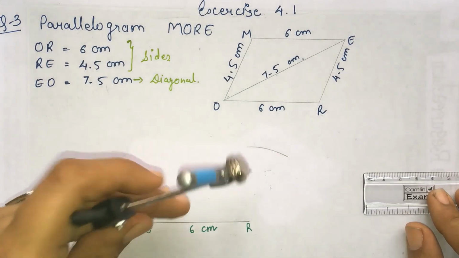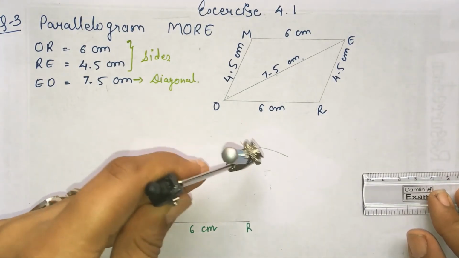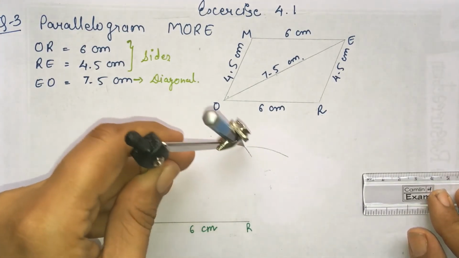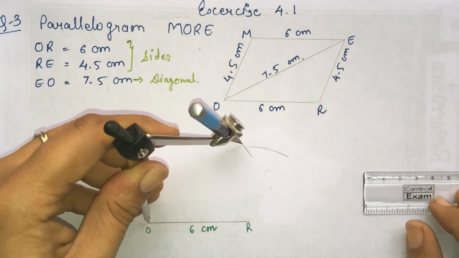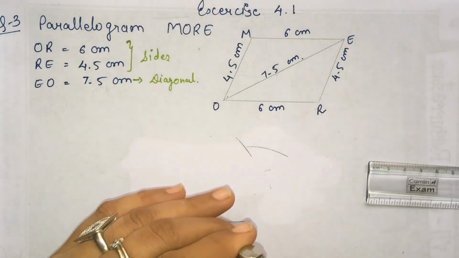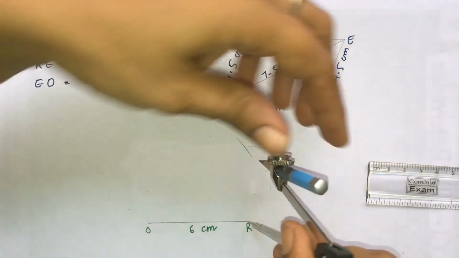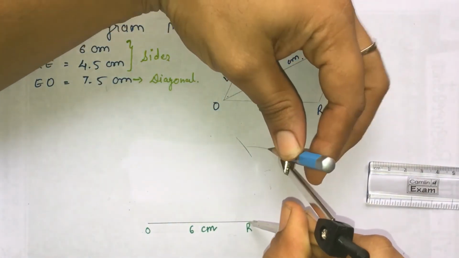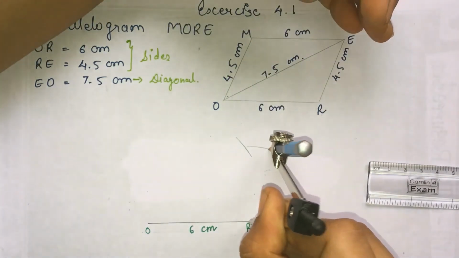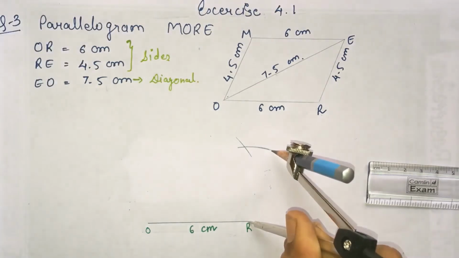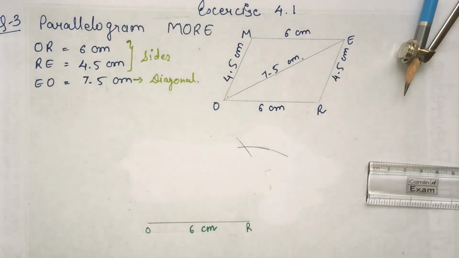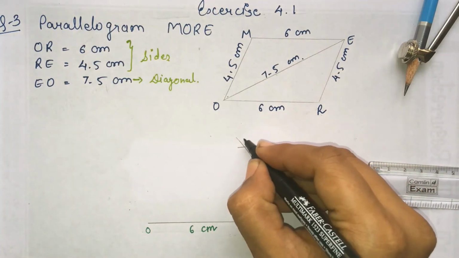So now from O, I'll draw an arc with 7.5 centimeter. Here you can see my both arcs are not intersecting. So again what I will do is, I'll take the previous measurement again, that is of 4.5 centimeter, and I'll extend this arc so that both will intersect. And we'll name it as point E.